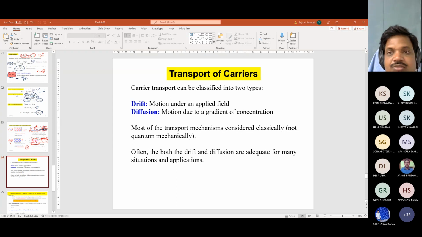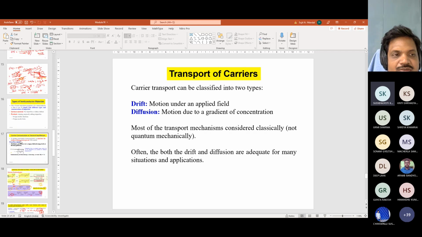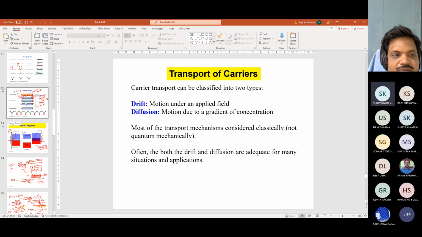Okay, so do you have any queries? Sir, I have one. Sir, in a certain slide, there are some markings on the conduction band and valence band. Please roll it up. No, sir, down.